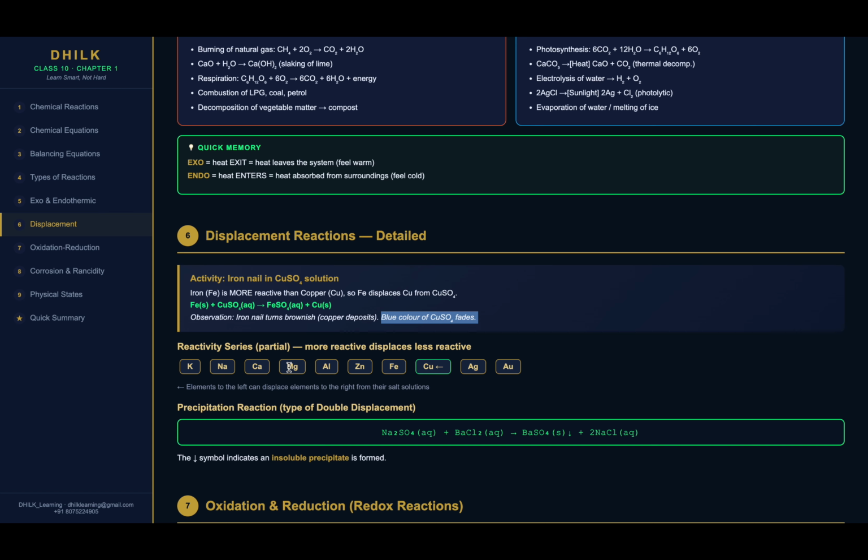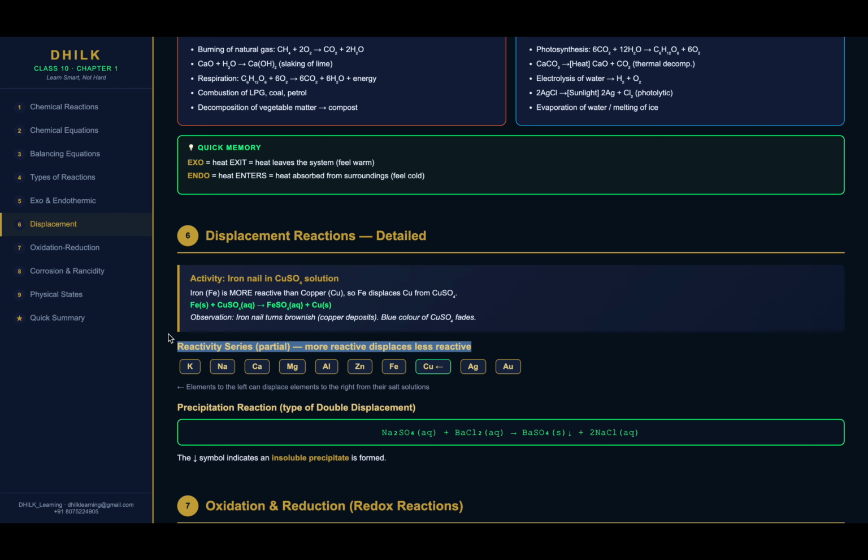But the opposite cannot happen. If magnesium is in its salt solution and aluminium is there as a metal, then aluminium cannot displace the magnesium from its salt solution. Why? Because magnesium is more reactive than aluminium. So elements to the left of this series can displace elements to the right of this series from their salt solution.